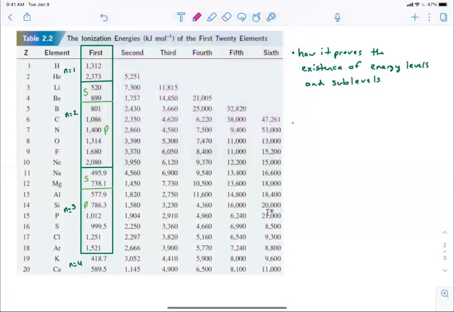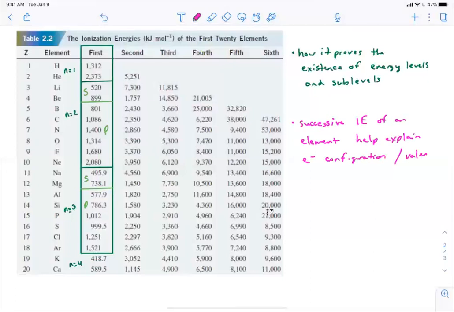Now, the pink that I'm going to draw is how successive ionization energies of an element help explain the electron configuration / valence electrons.